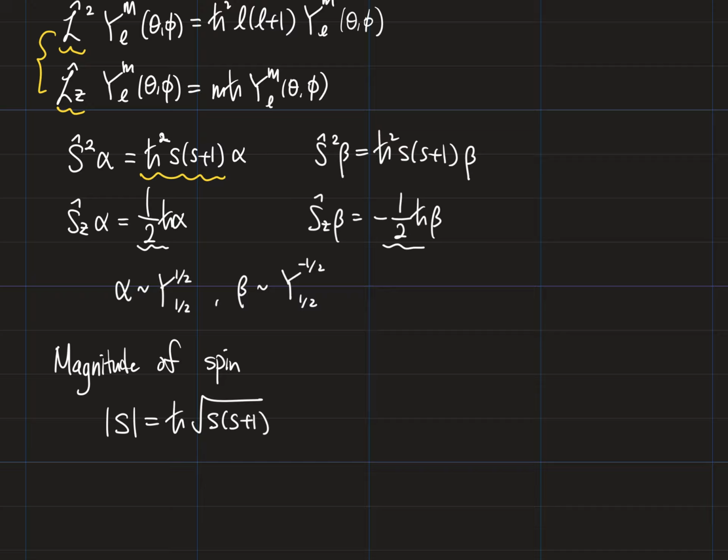Since the spin quantum number s for an electron can only have the value of 1/2, we are struck with a very specific situation.